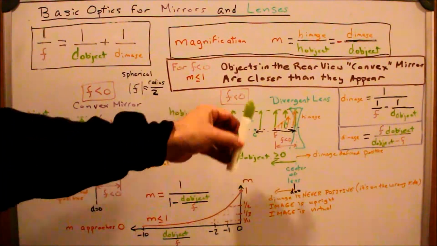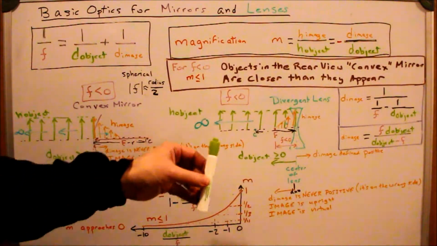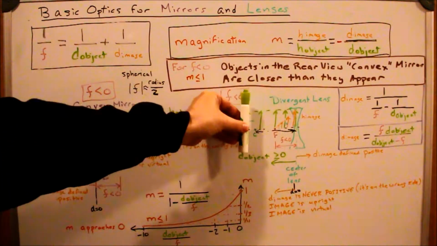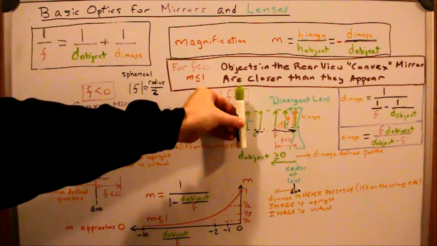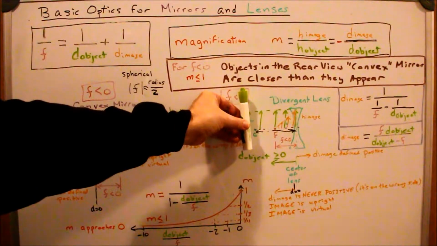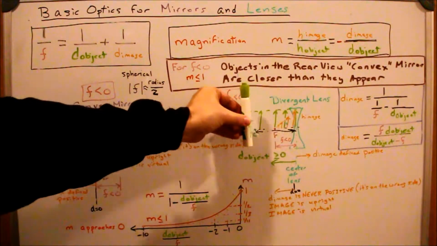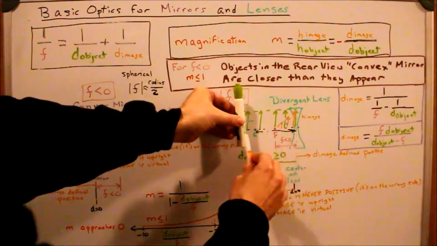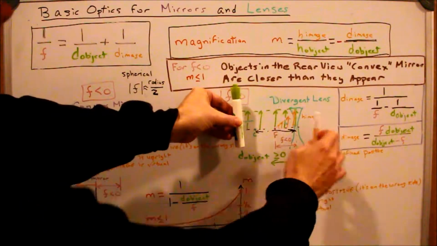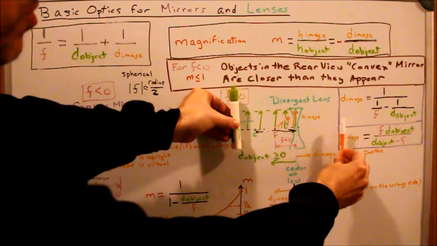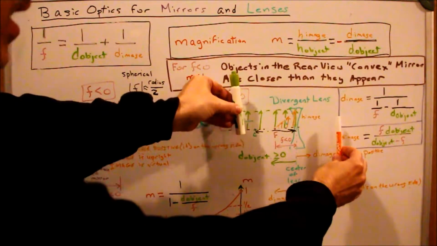Now we have different expectations for a lens. The center of the lens is the center line, and the distance going from the center of the lens to the object is defined positively here. So the object is on one side of this lens, and if I have a real image, since a lens works by refraction, I would expect the image to appear on the opposite side from the object.